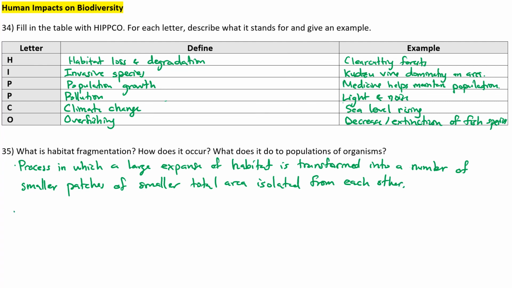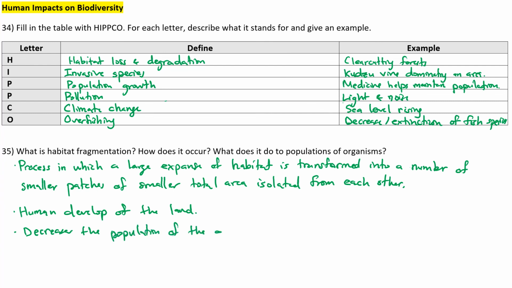So how does it occur? Human development of the land. Okay. What does it do to the population of the organisms? It decreases the population of the organism.